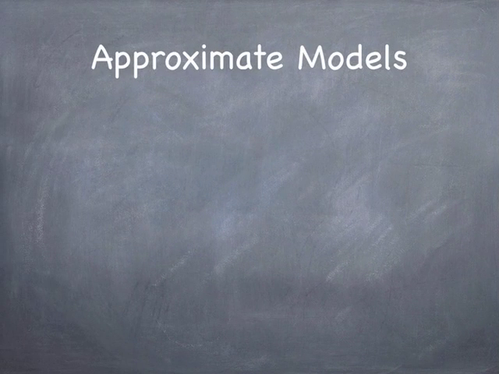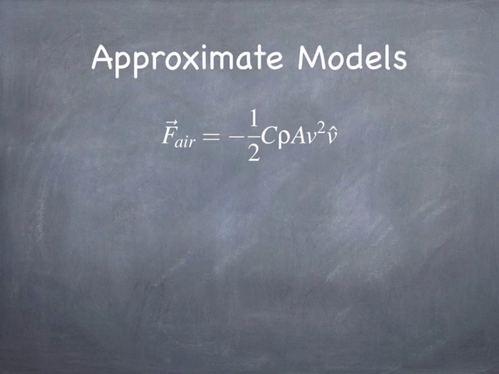So we have a couple of approximate models that we use for friction and drag. There's the quadratic air drag formula we'll be using in the lab on Monday, where we drop the coffee filters and estimate the air drag force acting on the coffee filters. We're going to find that it's proportional to their velocity squared, for reasons that we may get a chance to talk about on Monday.